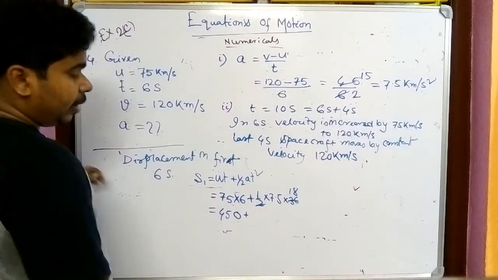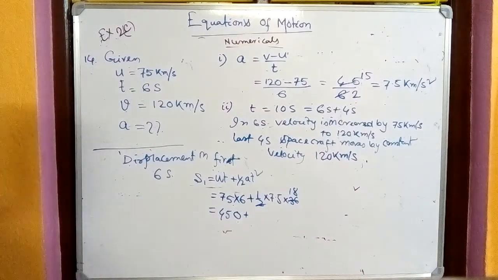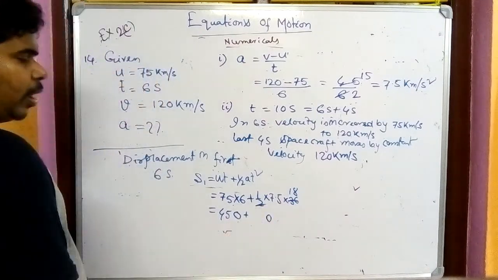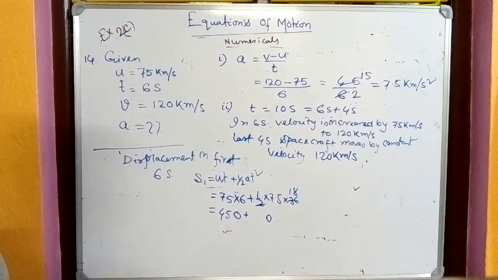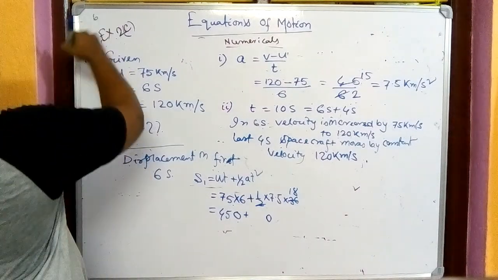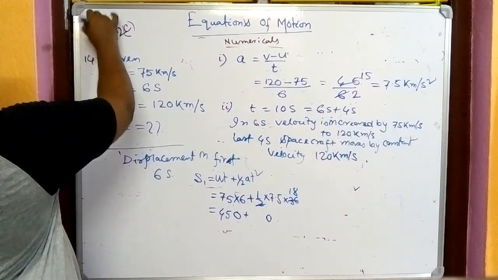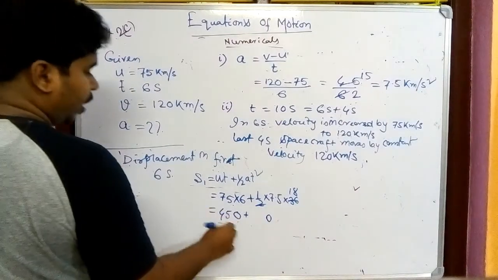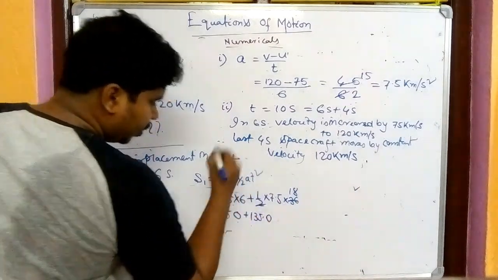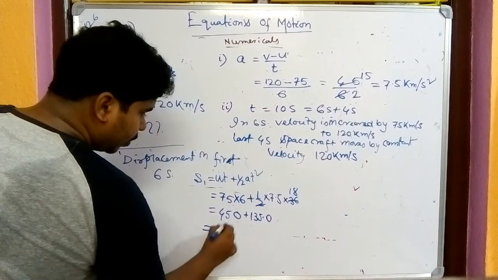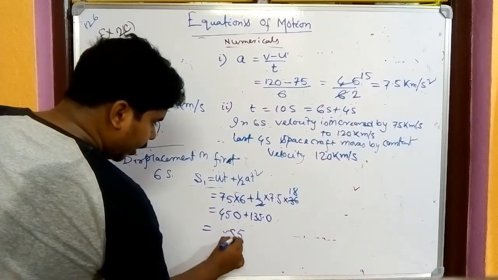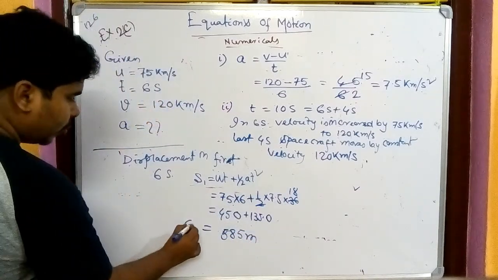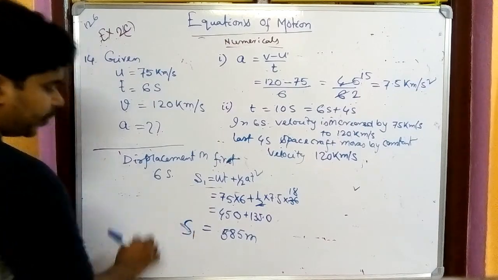Plus 18 into 7.5: 18 times 5 is 90, so 9 is in hand, 18 times 7 is 126, plus 9 is 135, and the decimal point is here. So it comes to 585 meter, that is S1, the first 6 seconds.